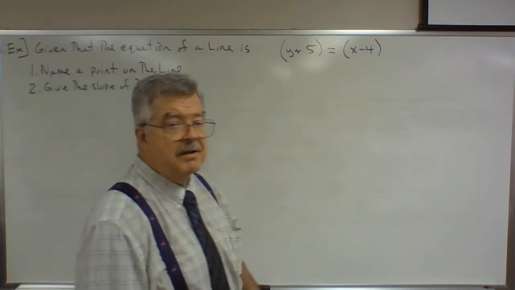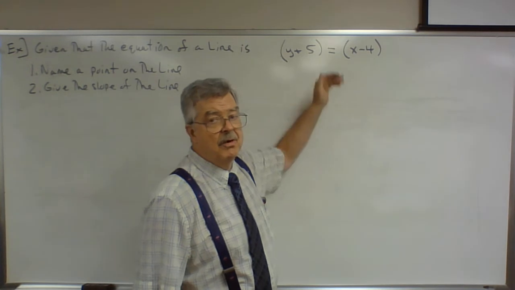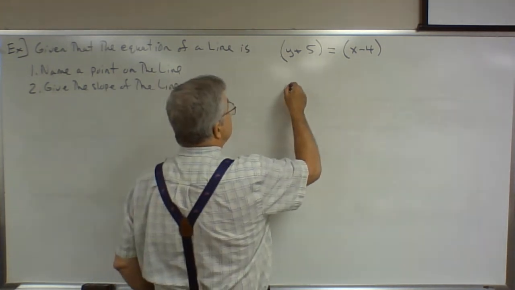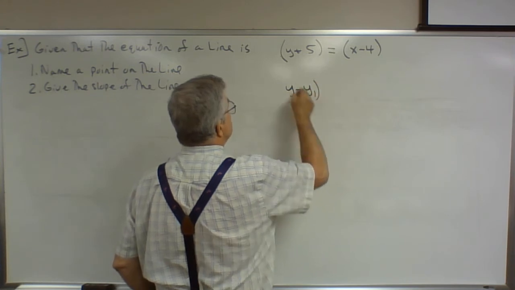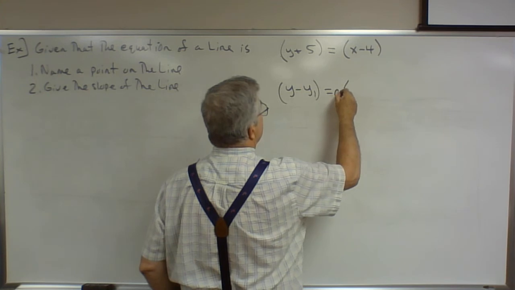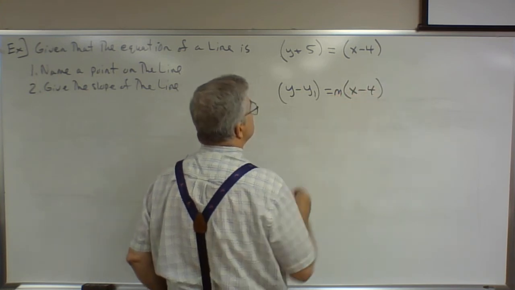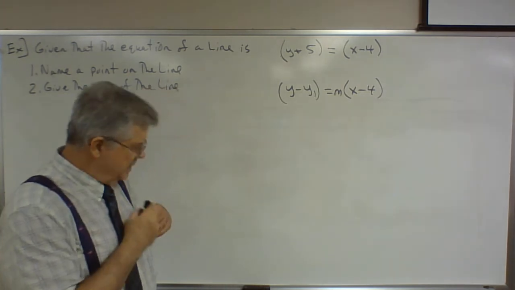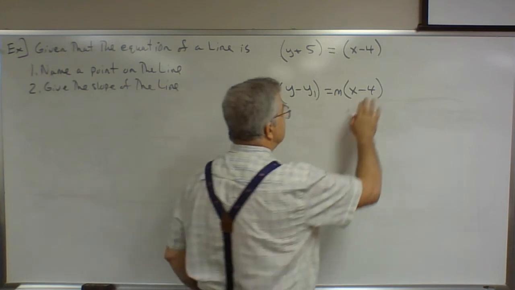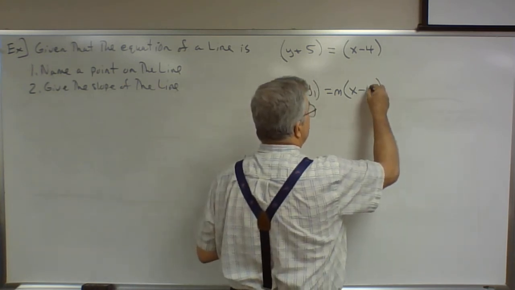So we'll try to see if this equation for a line fits a known form, the point slope equation of a line, which is y minus y1 equals m times x minus x1.